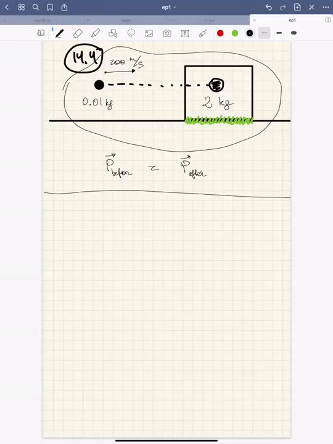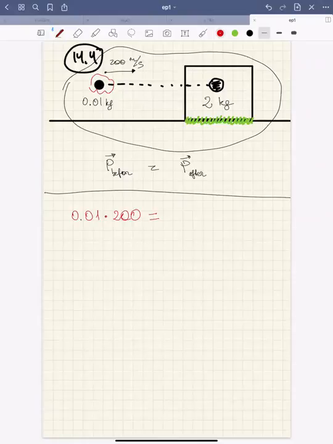Now, what's the momentum before? Before all this happens, it's only the bullet that's moving, so my momentum is m times v. This is 0.01 times 200. Now, what about after the collision happens? After the collision happens, I have a bullet and the box moving together.